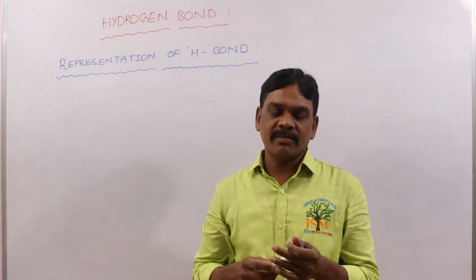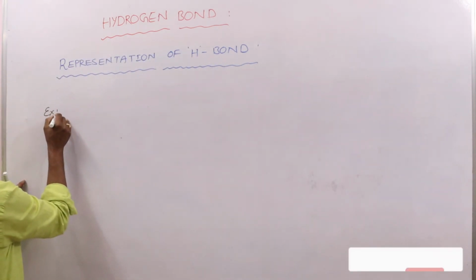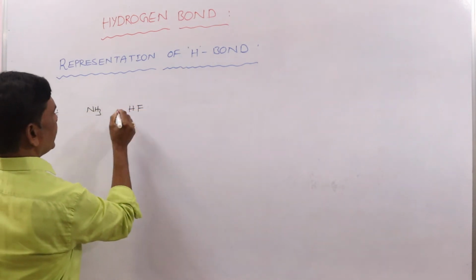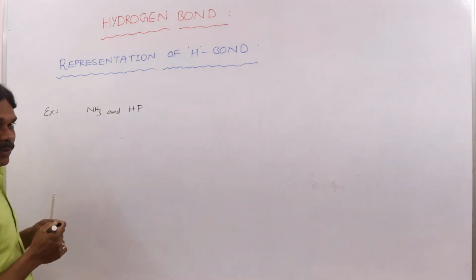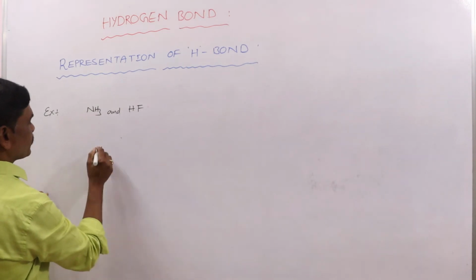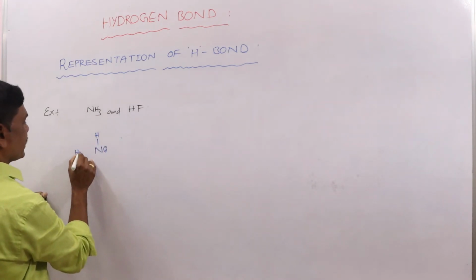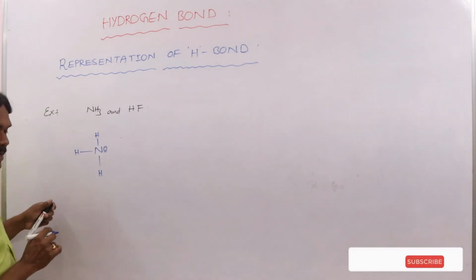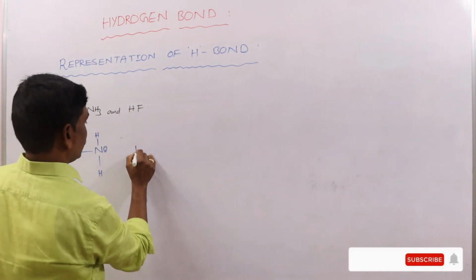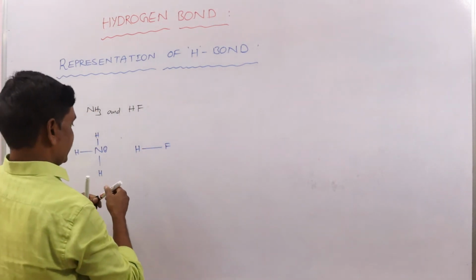Representation of hydrogen bond. The first example is between ammonia and hydrogen fluoride. In ammonia, this is a lone pair, and these are hydrogens. Here is the hydrogen fluoride: this is hydrogen, this is fluorine.